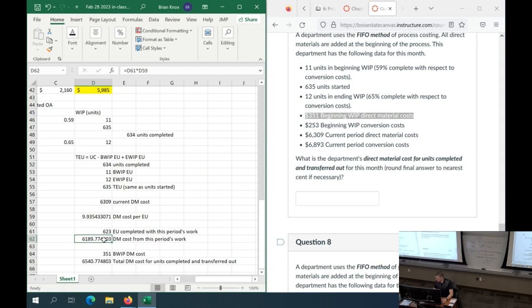But yeah, it's the rate times the equivalent units completed with that rate, with this period's rate. And we got this by taking units completed minus beginning WIP equivalent units. Is that all right? Good.